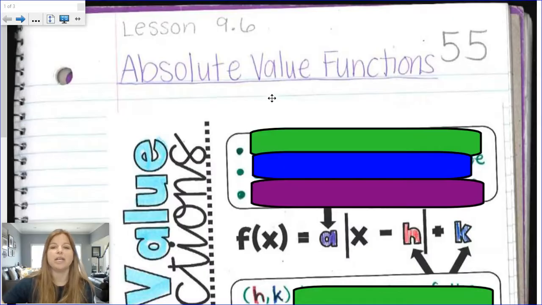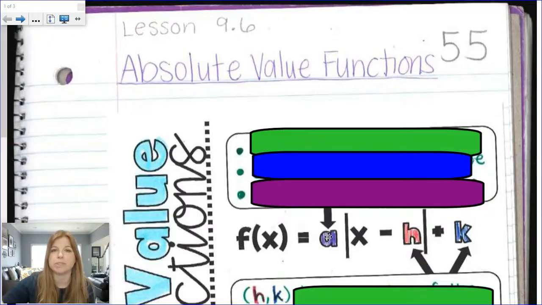Okay, so here we have the format for an absolute value function. It's f of x. We know f of x is really just another way to represent y equals when we're talking about a function. A. This letter A is going to do a lot.